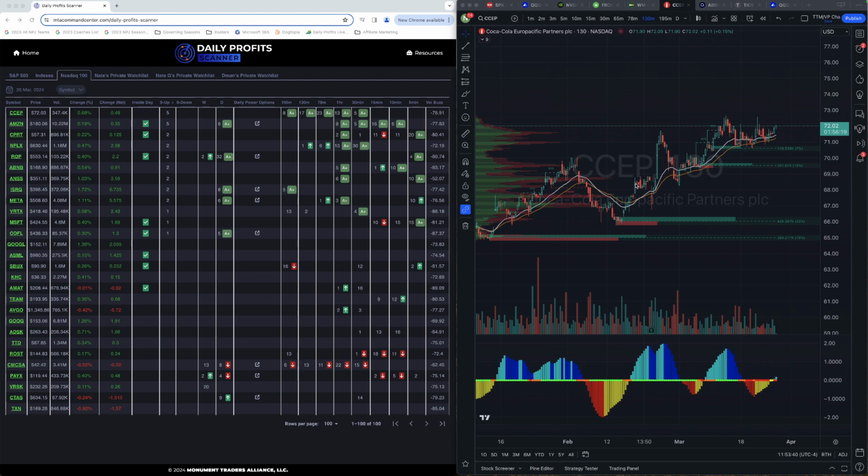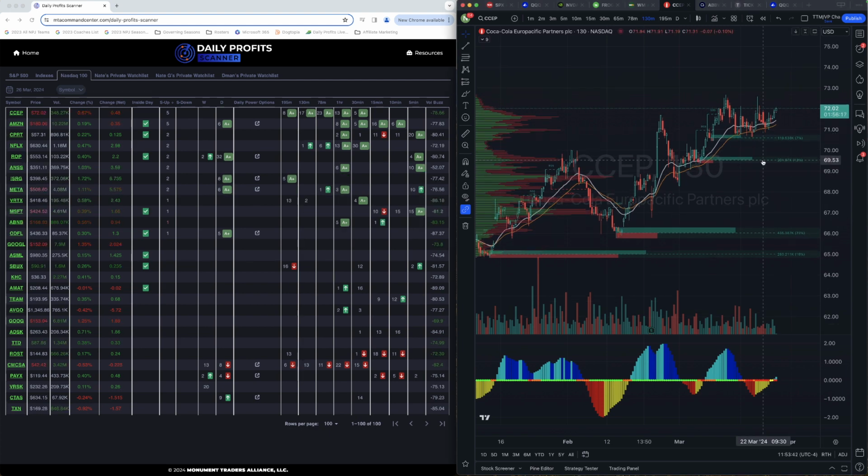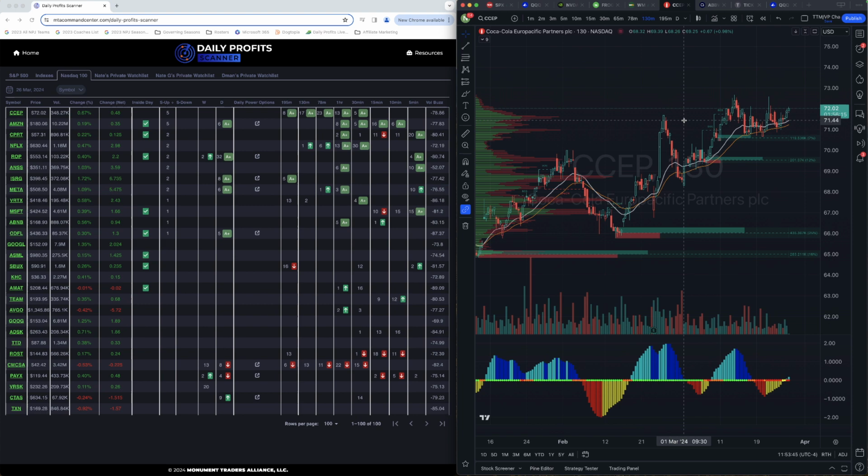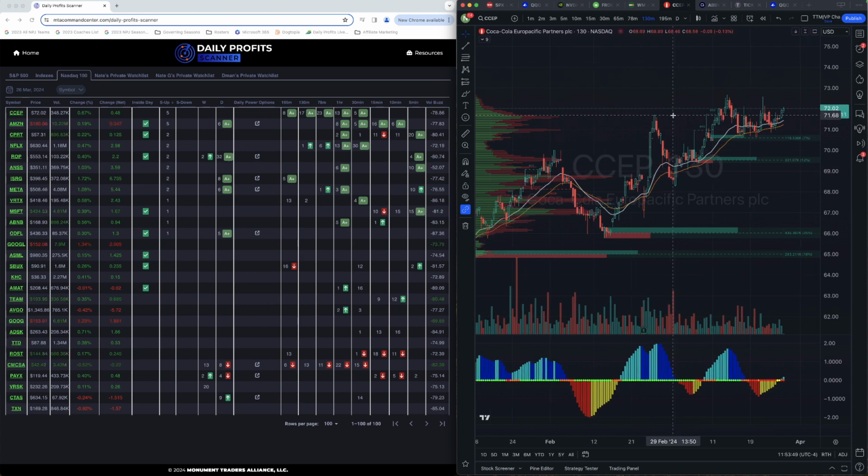You know what would be interesting is if we could sort these by names that have weekly options, because my Thinkorswim scan kind of does that, so we don't get a lot of monthlies. Right now, a monthly would be fine because you could play the April 19th. It's far enough out. CCEP only has monthly expirations.